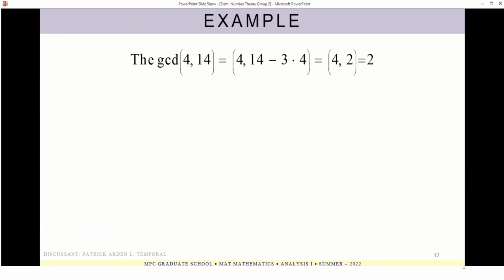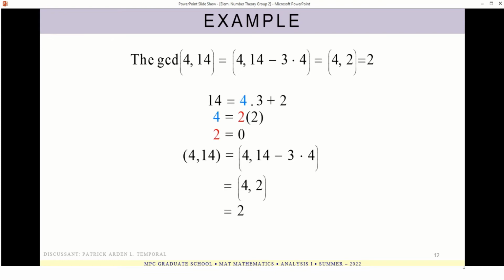Example, the GCD of 4 and 14 is 2. So what we do is we take the larger of the two numbers, which is 14.